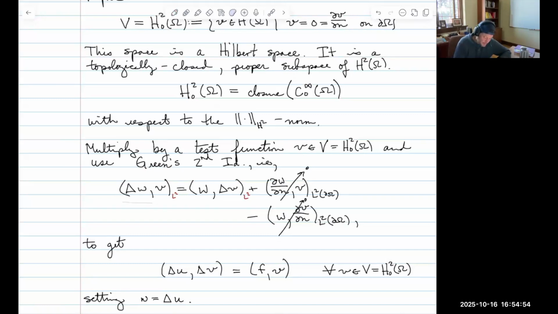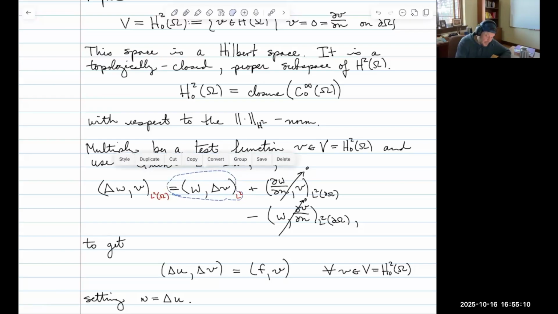These are L2 inner products over the whole of omega, and I'm going to distinguish between those and L2 inner products on the boundary, as usual. So this is what Green's second identity says.